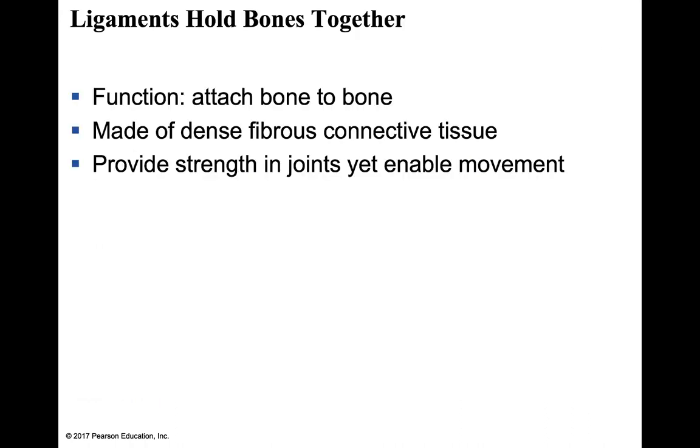Now, ligaments, as noted before, is dense connective tissue. And ligaments connect bones to each other. So that's their role. A ligament is going to connect bone to bone. We talked about the type of connective tissue, so the fibers are very regular and densely close to each other. And when we look at what a ligament does, it actually adds stability to the joint.